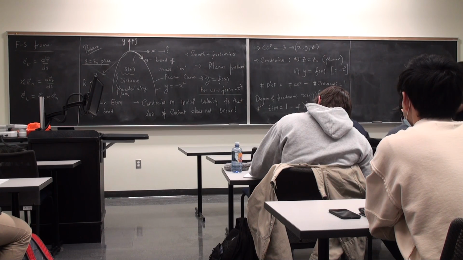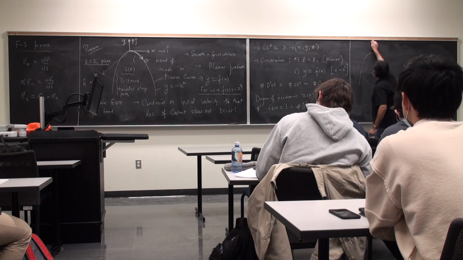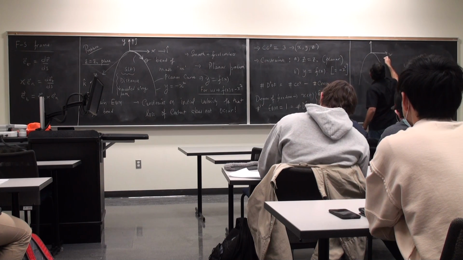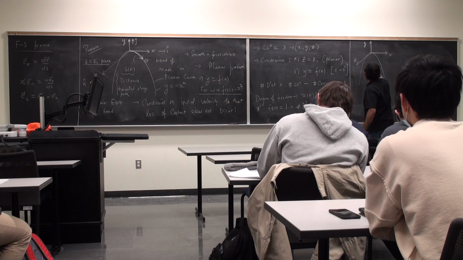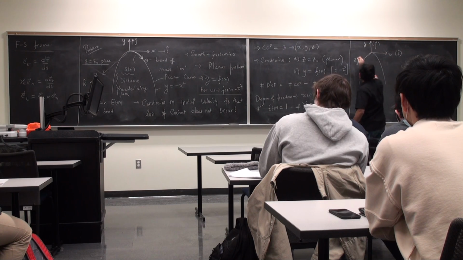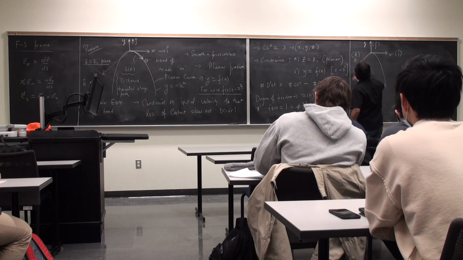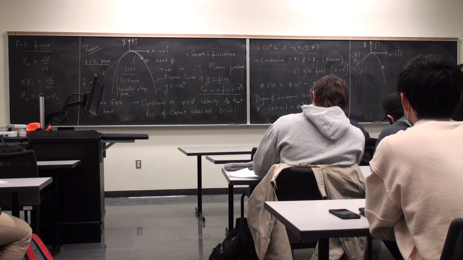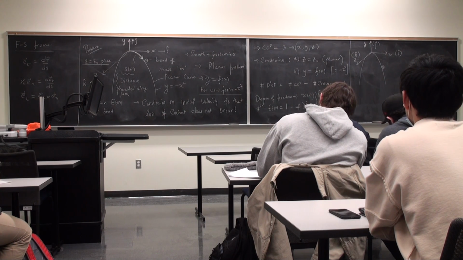Alright, so set up the problem here. X-axis, y-axis, unit vector, and k hat. This is the particle. I'm going to draw a position vector from a fixed observer.